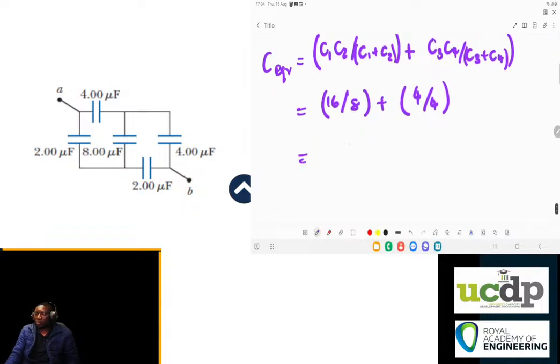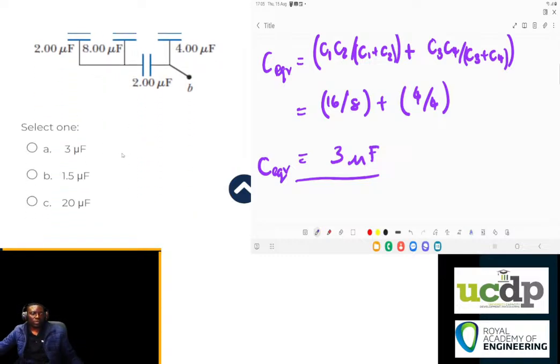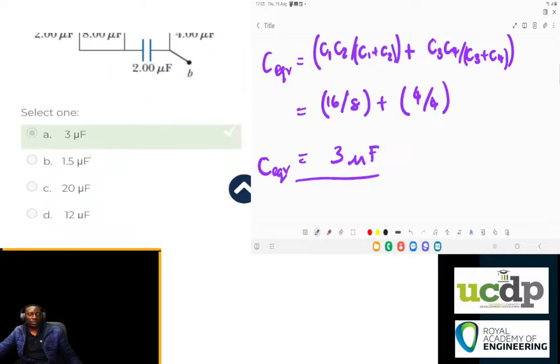So this will be 2 plus 1, which is 3 microfarads. 3 microfarads is our equivalent capacitance. So we should have 3 among the choices given, and A should be the correct answer.